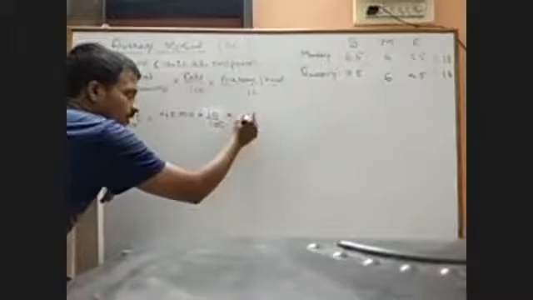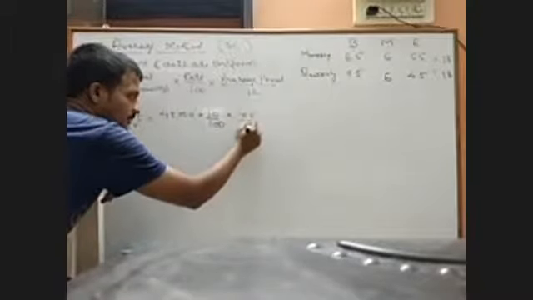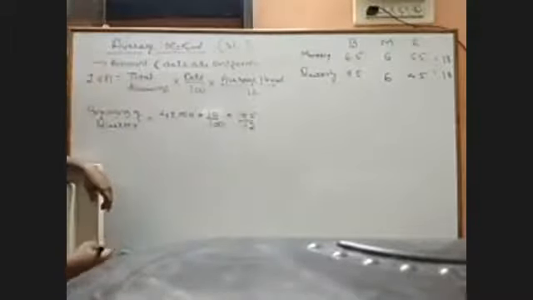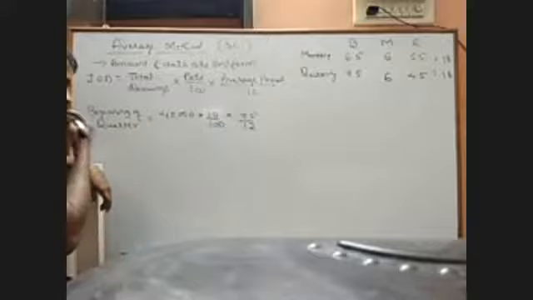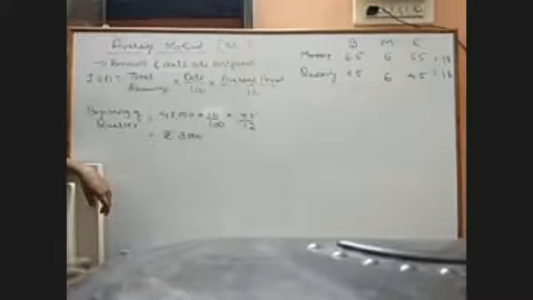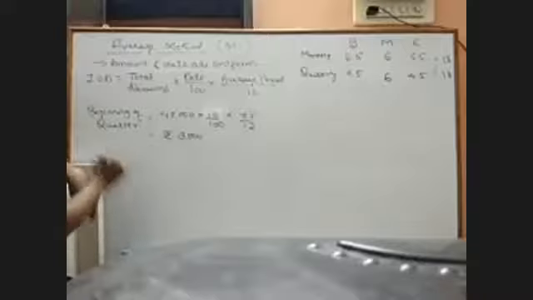Now you tell me what should be the value average period for beginning of the quarter. 7.5. Very good. 7.5 divided by 12. 3,000. In the textbook they have given wrong answer.